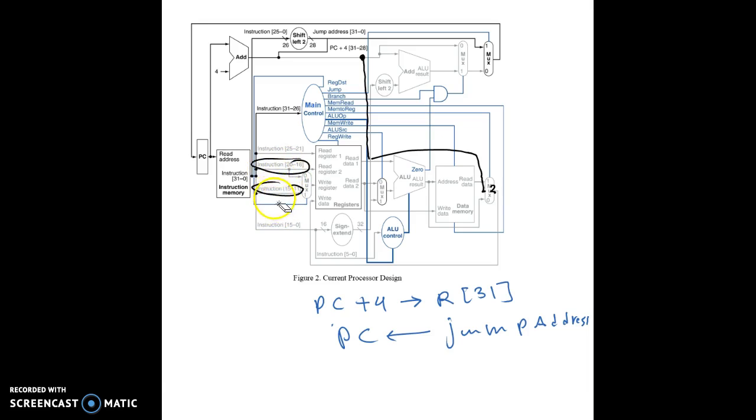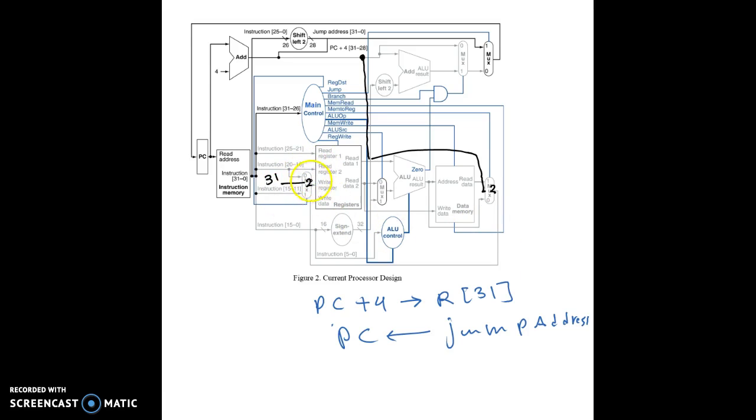However, we need to actually specify that the PC is written to register 31, so we need to add this as a register to be written to. We can do this by simply also extending this mux here and then attaching number 31 to this mux and assigning a 2 control signal for it.